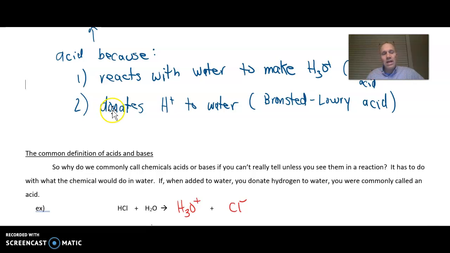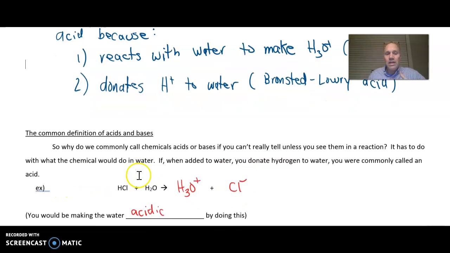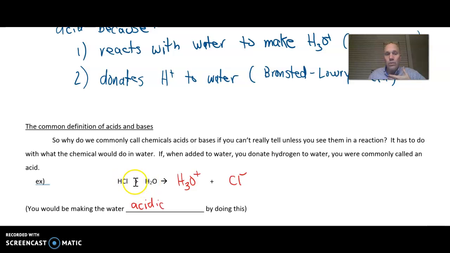All right, and that has to do with a more common definition of acids and bases, and that is, how would that chemical react with water? Water is, as you know, a very, very common chemical in our environment. Life depends on water, and essentially, if that chemical would react as an acid when reacting with water, then we commonly call it an acid.